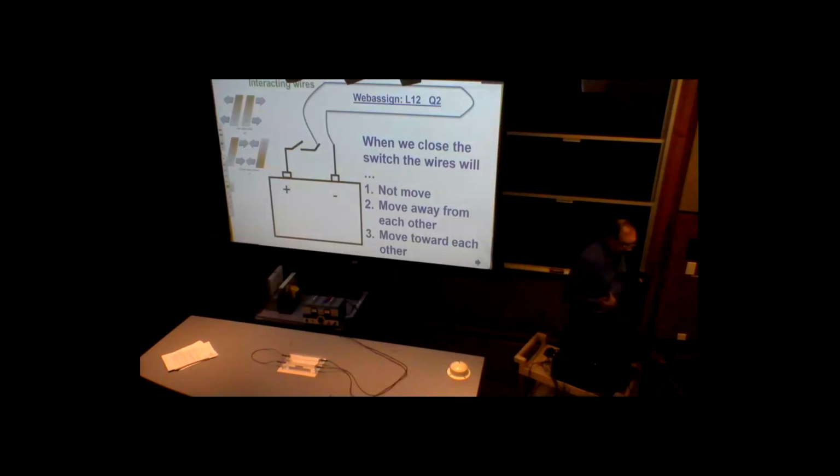So in this situation, when we turn on the current through both wires by closing the switch, these are only reasonable options to choose from. We can look at it and nothing might happen. Or we can look at the wires and they might move away from each other or toward each other.